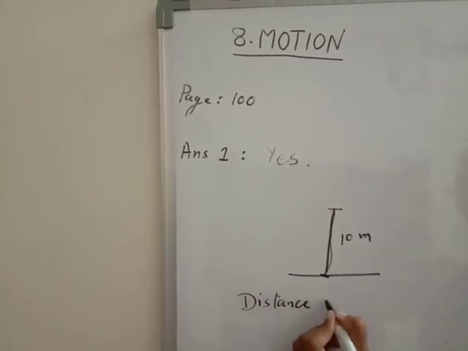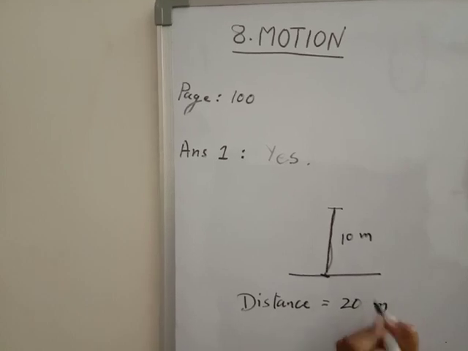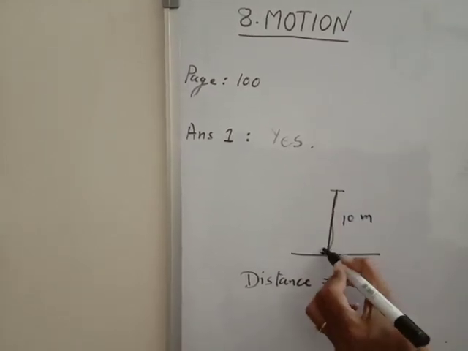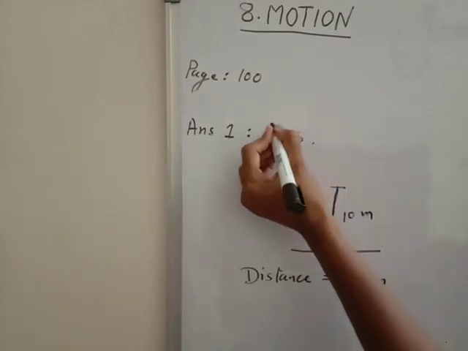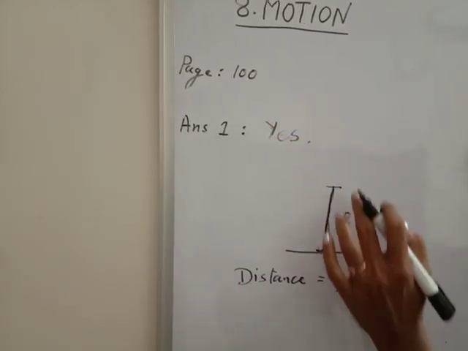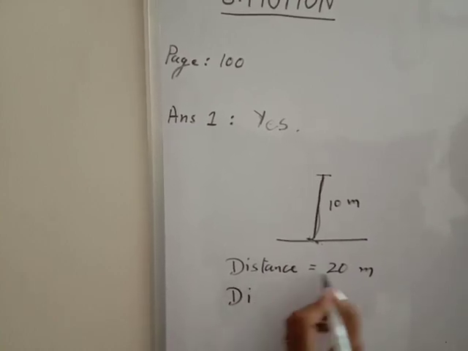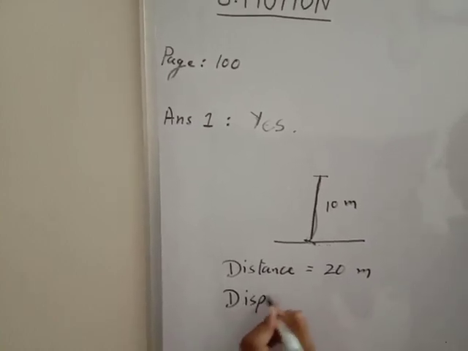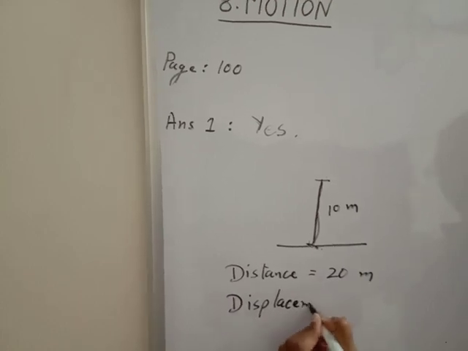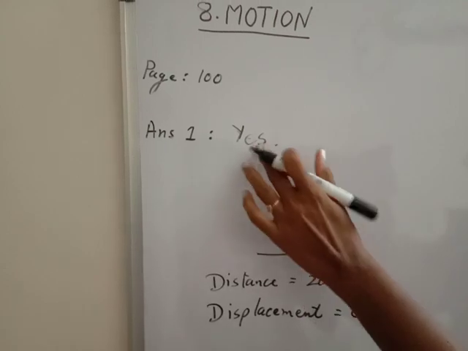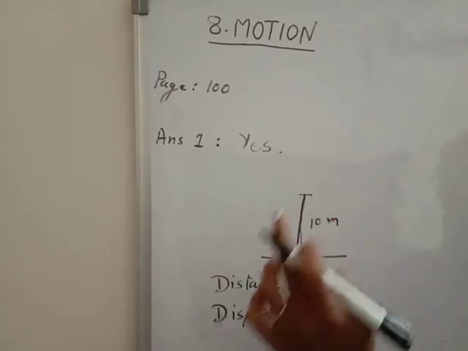But how much is the displacement? 0, because it starts from here and comes back to here. So we can explain by giving this example, that here the distance covered is 20 but the displacement is 0. So yes, 0 displacement is possible.